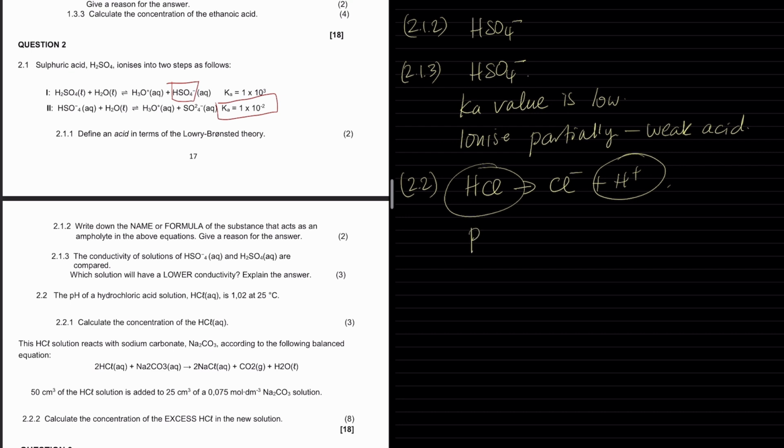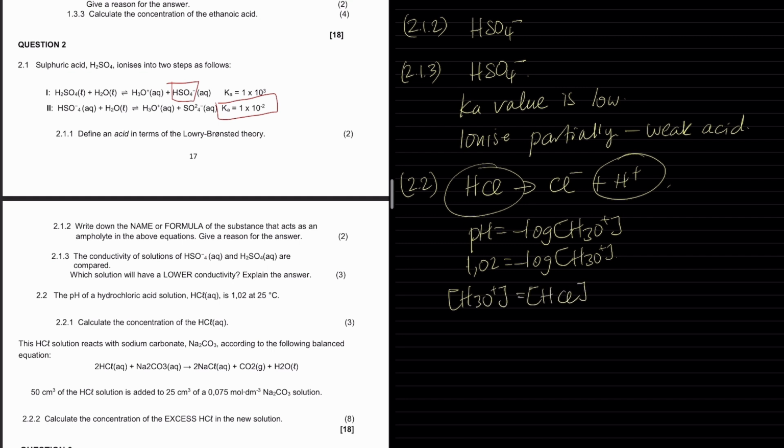We use the pH formula: pH is equal to minus log concentration of H plus or H3O plus. pH is 1.02, that is minus log concentration H3O plus. The concentration of the H3O plus, which as we said is the concentration of the HCl, is going to be 0.095 moles per dm cubed.